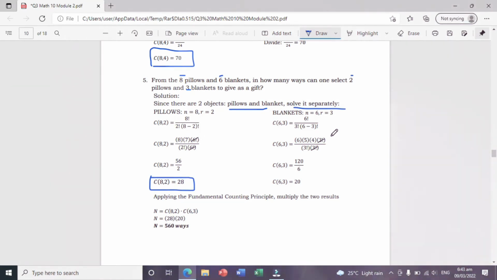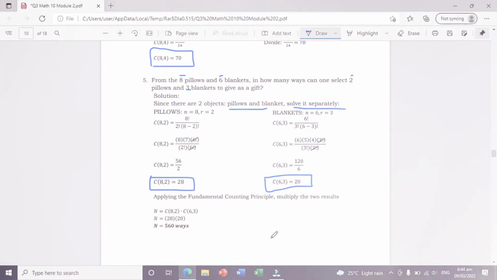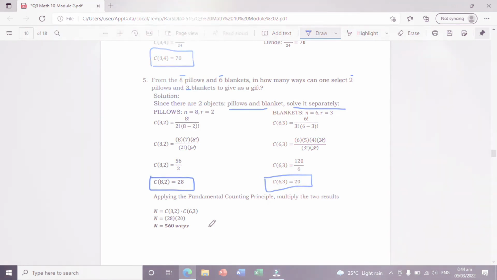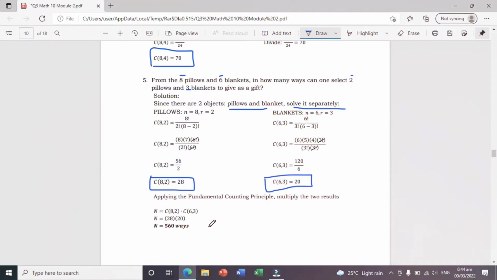Look at the solution and try to see why it goes only up to 3 factorial, then how we come up with C(6,3) equals 20. Applying the fundamental counting principle, multiply the 2 results. So n equals C(8,2) times C(6,3). The C(8,2) from earlier is 28, times 20. So 560 ways.